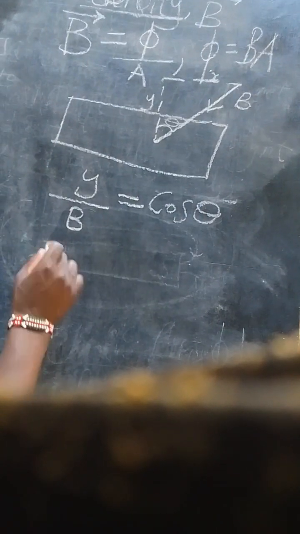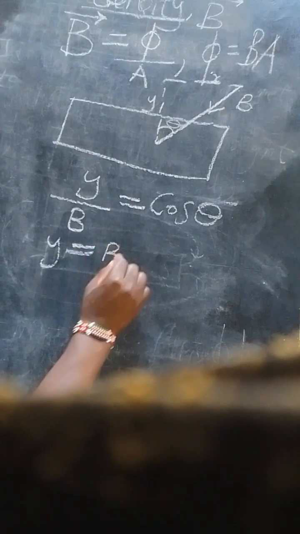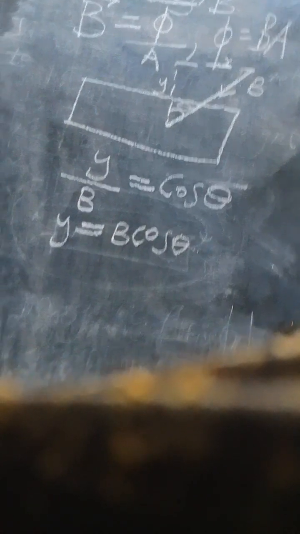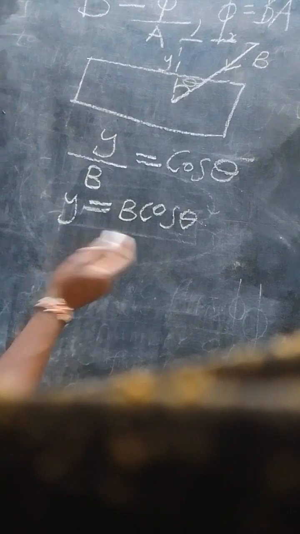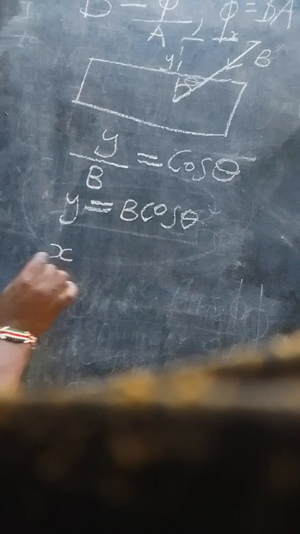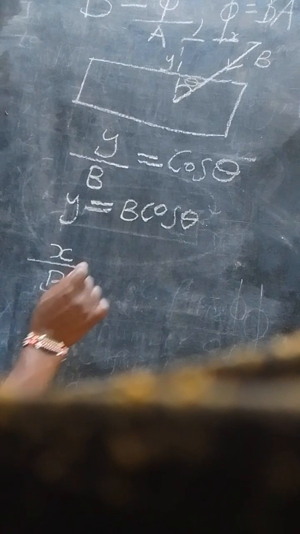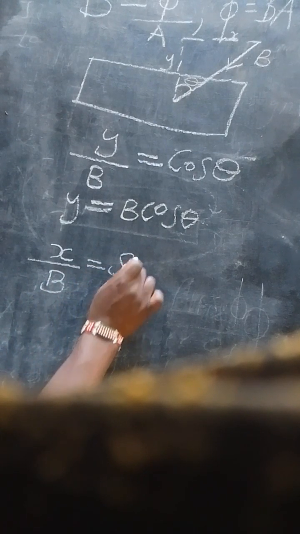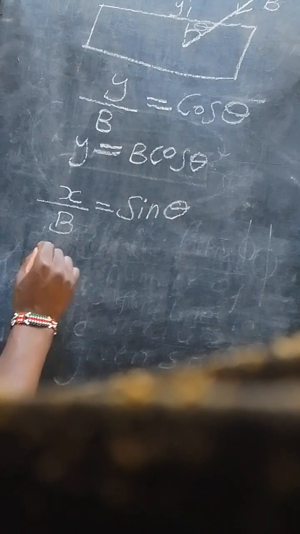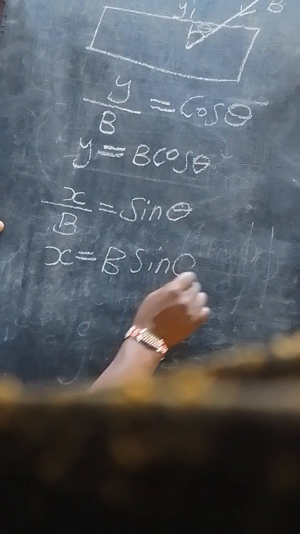So the vertical component is y equals B cos theta. For the horizontal component, x over B will be equal to sine theta, so we get x equal to B sine theta.